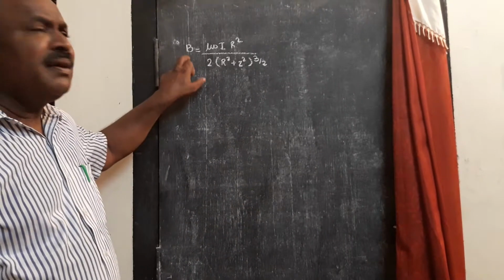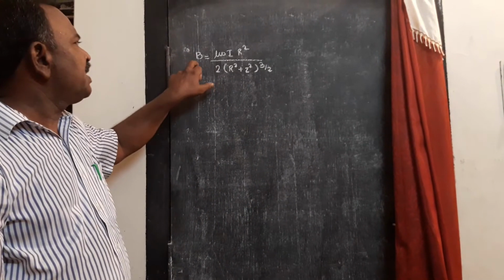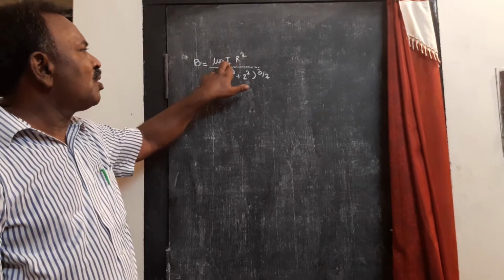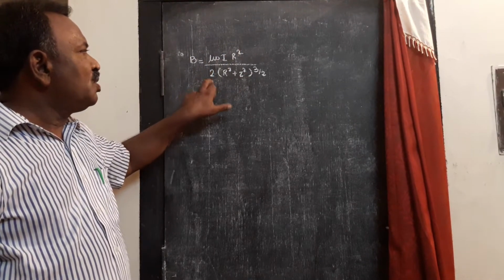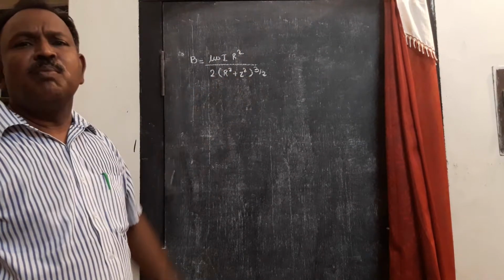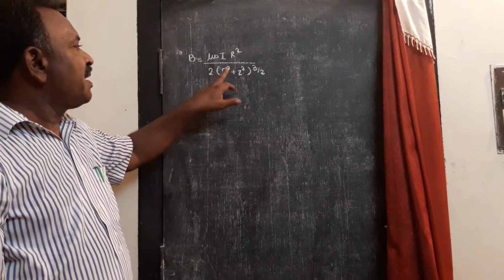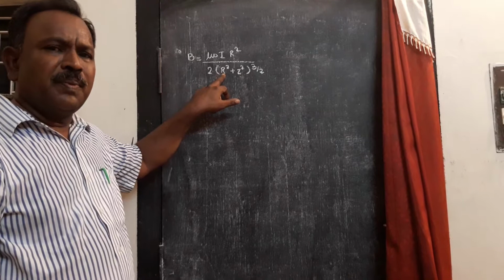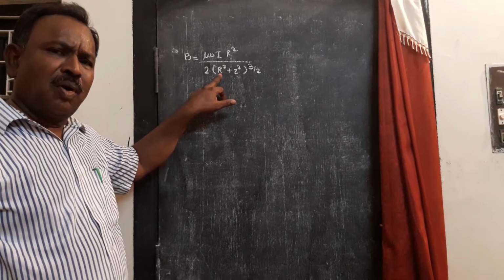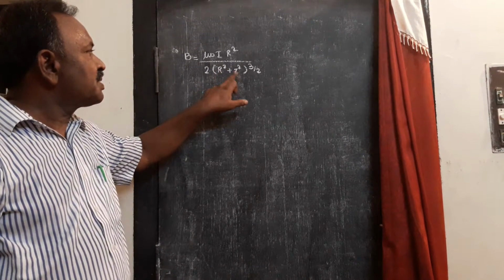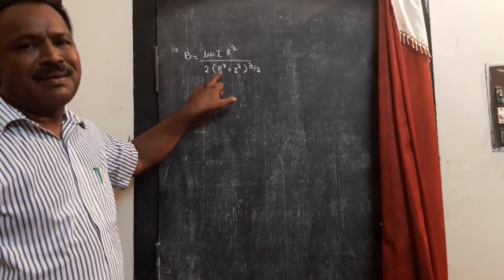So magnetic induction due to a circular loop is given by the formula B is equal to mu naught I R square by 2 into (R square plus Z square) whole power 3 by 2. So when the radius of the loop is very small compared to the distance, this R can be neglected.